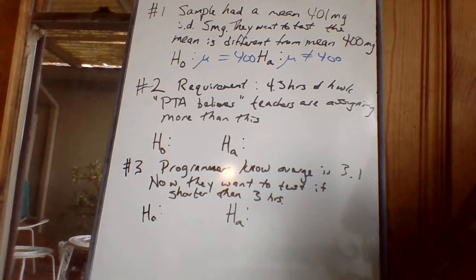Now I've got to figure out my signs. Teachers are assigning more than 4.5. This is one of those things about the English language, and you've got to kind of work through the English language to get this to work. More than. So not 4.5. More than that. 4.5 wouldn't even be right. It's got to be more than 4.5, like 4.6 or 4.7.